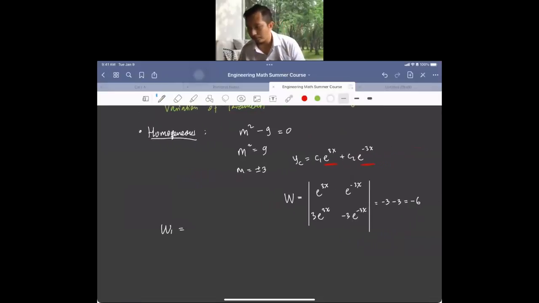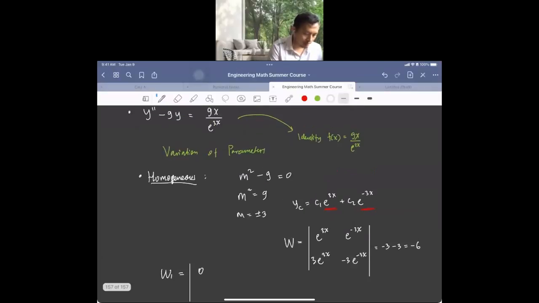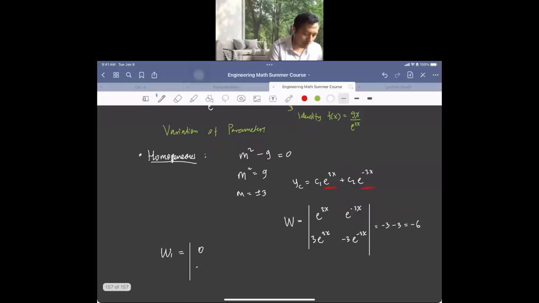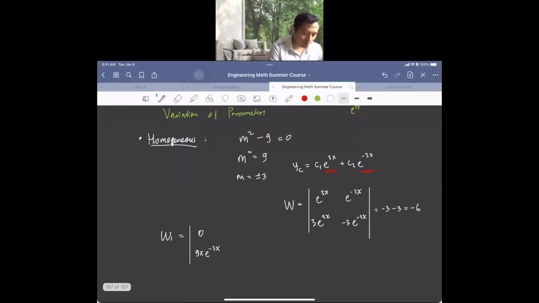And then we need to check the W1 and W2. So W1, we need to change the first column with 0 and f of x. F of x is 9x e to the negative 3x. Let me write it like that. Okay.